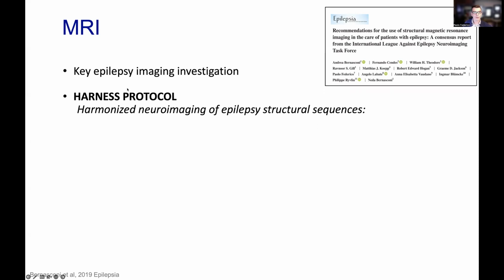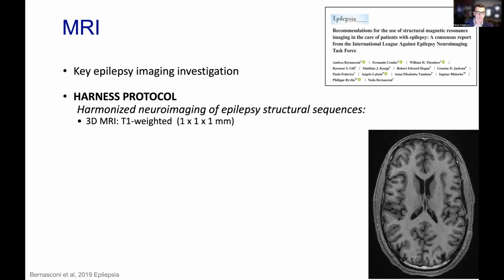The International League Against Epilepsy Neuroimaging Task Force published an article, and I'm part of this, that recommends using what's called the HARNESS protocol. HARNESS stands for Harmonized Neuroimaging of Epilepsy Structural Sequences. There are three key sequences as part of the HARNESS protocol.